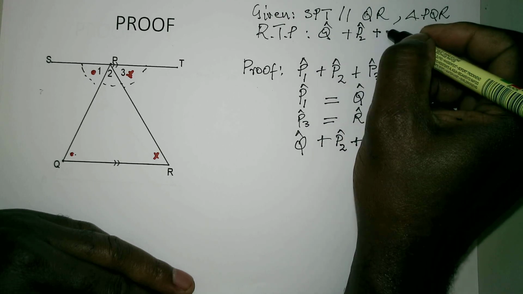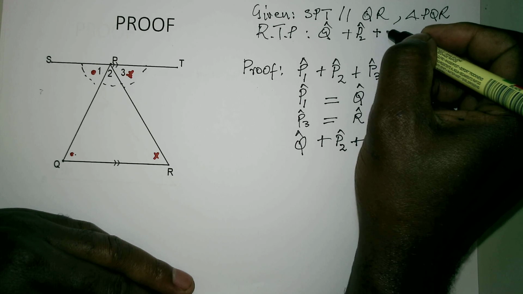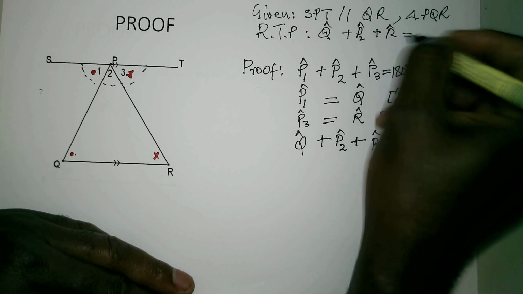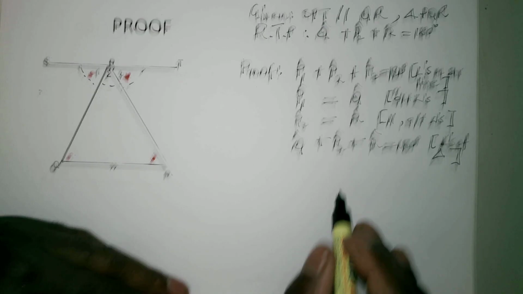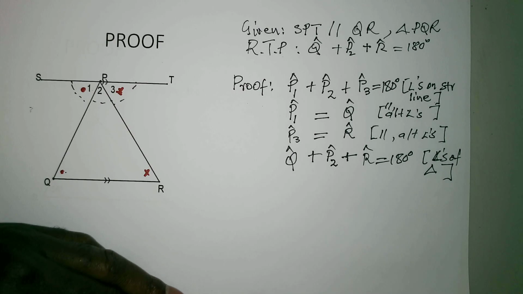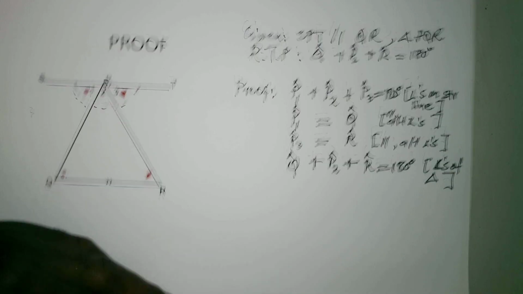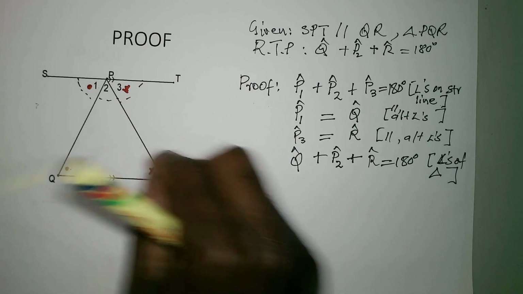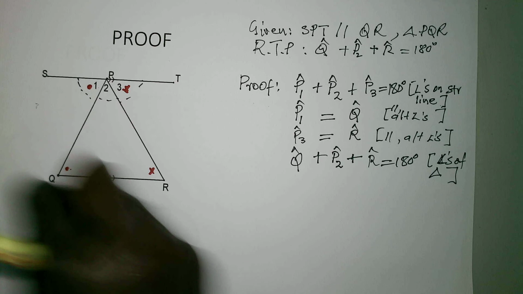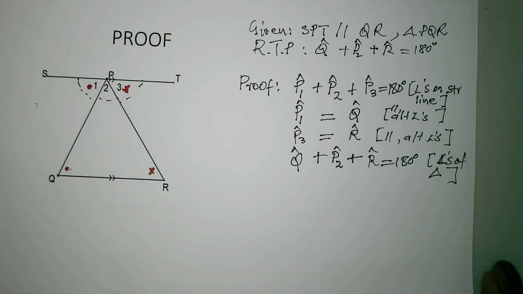So indeed, we were able to do that, although we were working respectively. So thank you very much. I don't think there is any question here. This is a proof. We can do it practically by measuring using a protractor, and now we are doing it geometrically. Okay, thank you. Now we want to do some exercise.